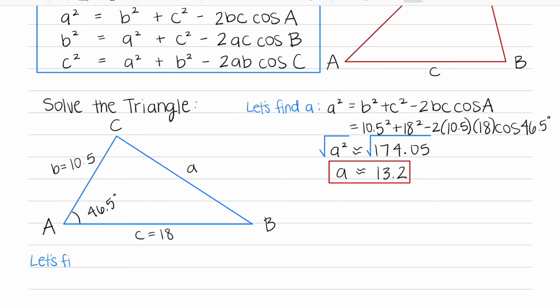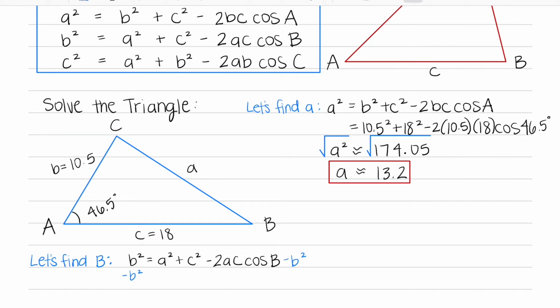Now let's find angle B. So according to our formulas above, we can use the second formula to solve for angle B. So let's go ahead and write that. b squared equals a squared plus c squared minus 2ac cosine B. The first thing we need to do here is get this cosine B alone so we can solve for that angle B. So let's first move this b squared to the other side. So let's subtract b squared on both sides.